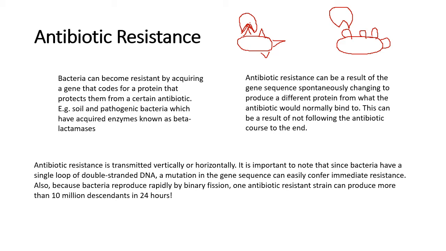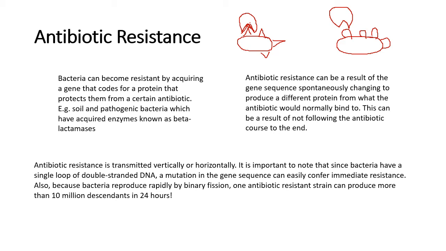So the genetic transformations that happen within bacteria are actually very important in understanding how they develop resistance. Antibiotic resistance, like we said, can be acquired from other bacteria, and that transmission of the antibiotic resistance gene can either be vertical or horizontal, and we're going to have a look at that on the next slide.